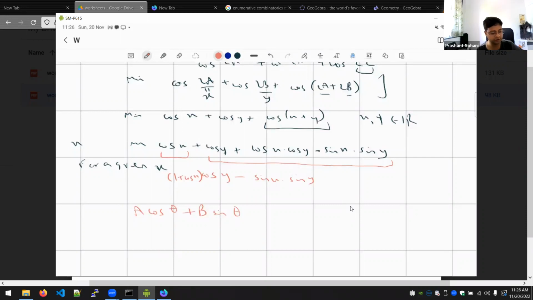If not, I'll give you some time to think, because this is itself an interesting problem. For A cos theta plus B sin theta, try to find the min and max limits, where A and B are any real numbers. These are given constants, A and B are not the variables, theta is the only variable.